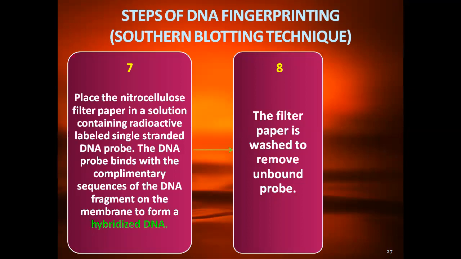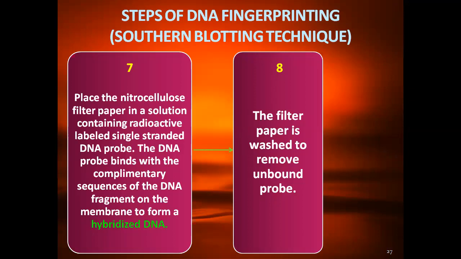This DNA probe binds with the complementary sequences of the DNA fragments on the membrane to form a hybridized DNA. Imagine there are four fragments on the nylon membrane, collected from a person. We don't know the sequences of that particular person, so we prepare lakhs of combinations in the laboratory and label them with radioactive code.